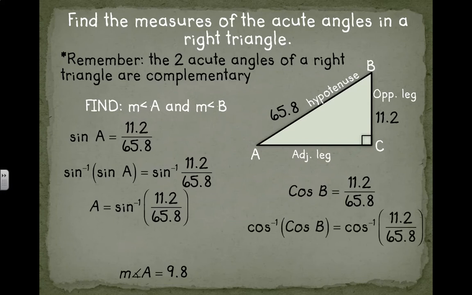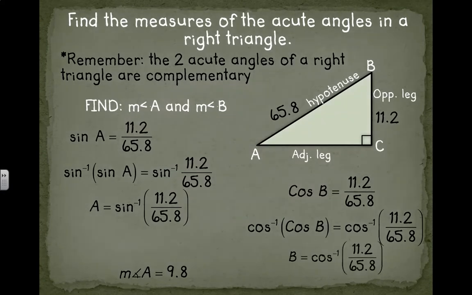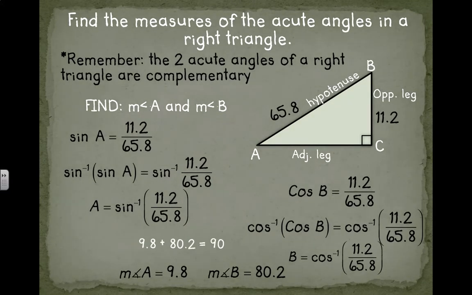Use the inverse cosine again to get rid of the cosine on the left-hand side and be left with just B. In your calculator, you're going to put in cosine inverse, so second cosine, 11.2 divided by 65.5. Close your parentheses and hit enter, and you should get that the measure of angle B is 80.2. And if you add those two angle measures, ta-da, they'll equal 90.